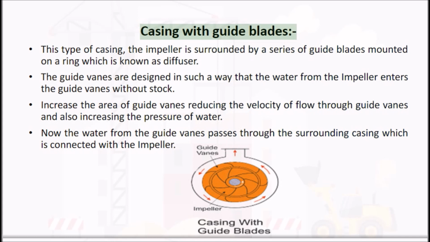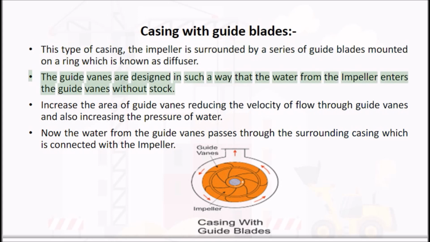Casing with guide blades. In this type of casing, the impeller is surrounded by a series of guide blades mounted on a ring which is known as a diffuser.